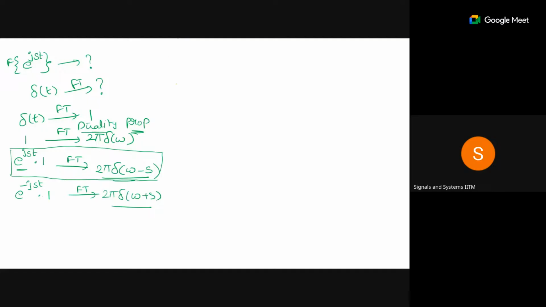The next content is the Fourier transform of periodic signals.